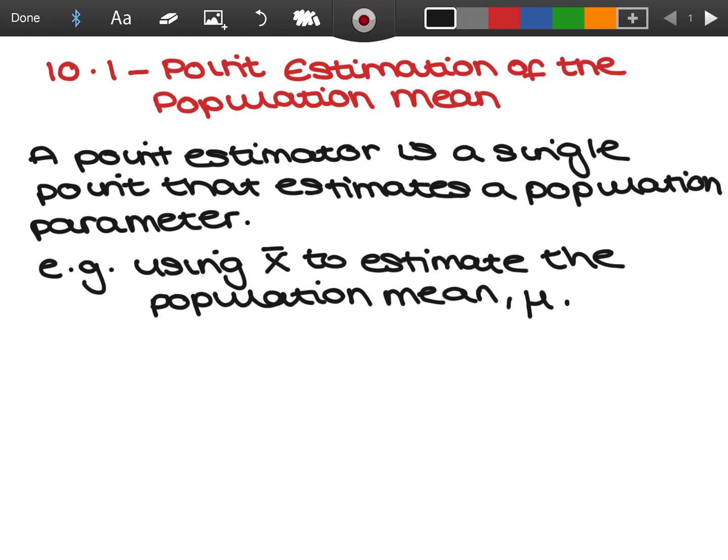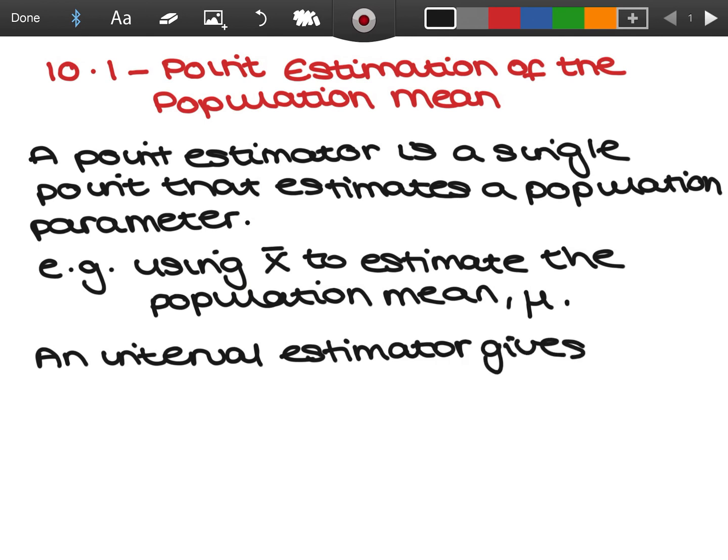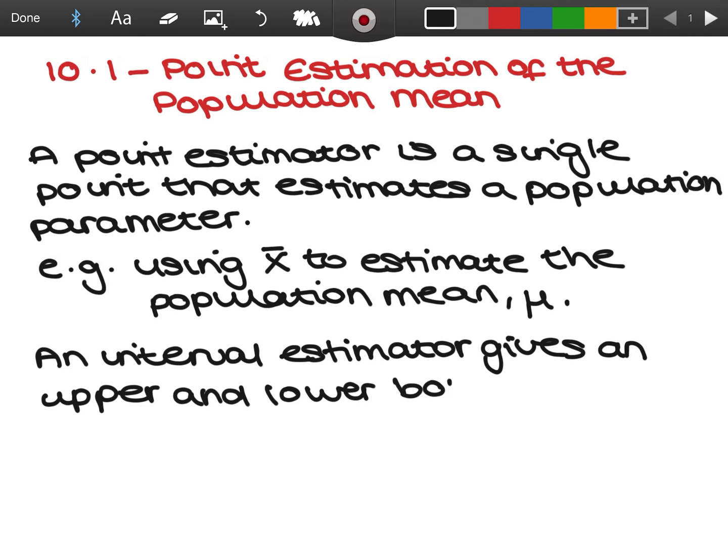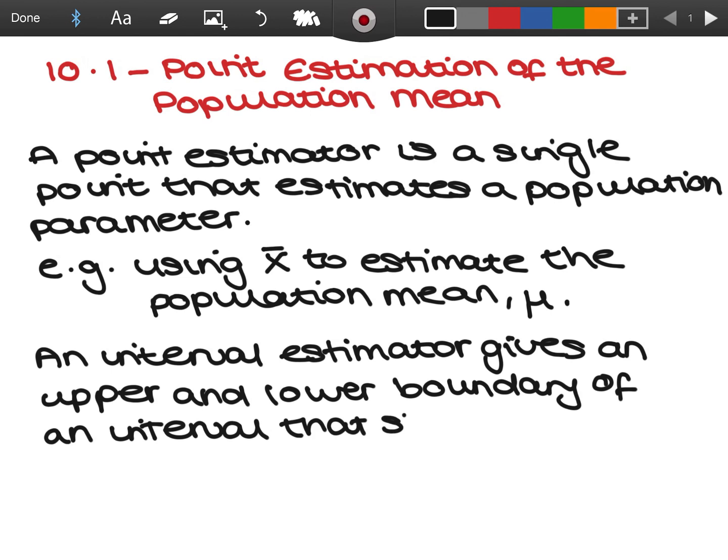The other way that you can do this, which is what we're going to discuss in 10.2, is where you actually have an interval estimator. An interval estimator gives an upper and lower boundary of an interval that should contain the population parameter.